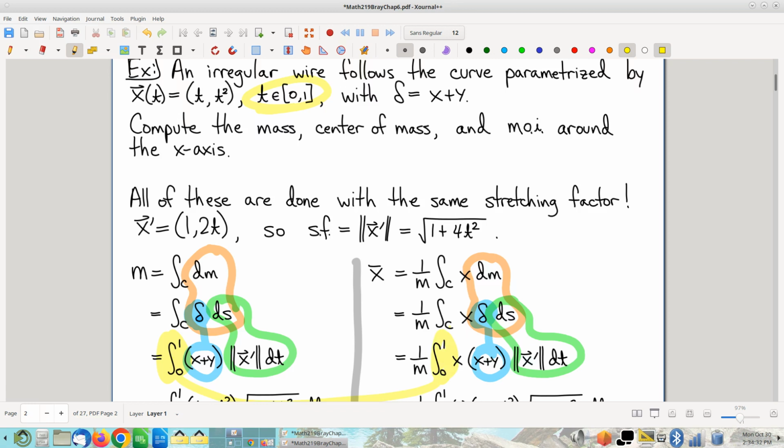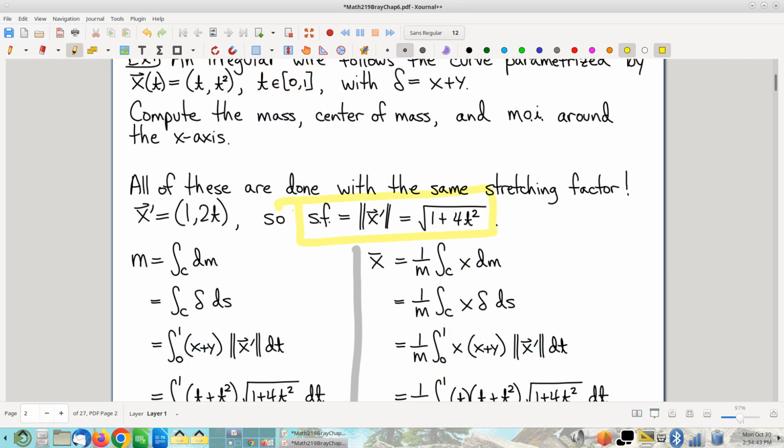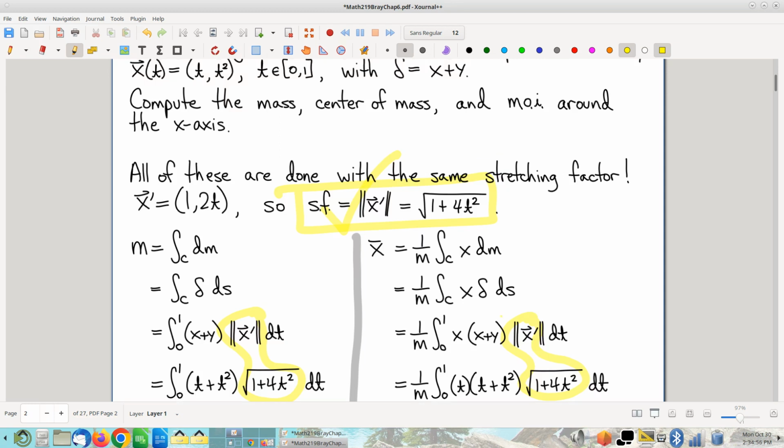Now it's just a matter of plugging in the parameterization and the other particulars. Again, we've already talked through what our stretching factor is. So this stretching factor, our speed, is that square root in both of them. Don't forget that the parameterization itself tells you what x and y are.